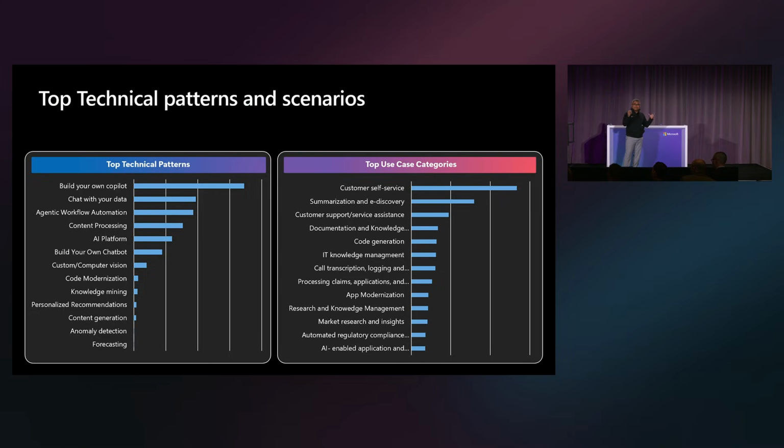Again, building an assistant, external assistant or internal assistant, defined by building your own Copilot-like entity, is by far the top one as we start to engage internal and external customers. Summarization represented by chat with your data, but we started to see agentic workflow processing or driving common AI platform components being very quick rising patterns, if you will, and you don't see the quick risers in this view per se.